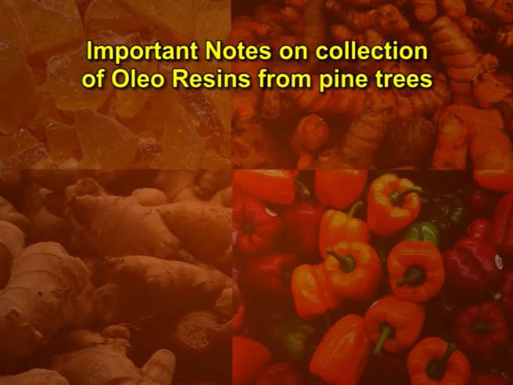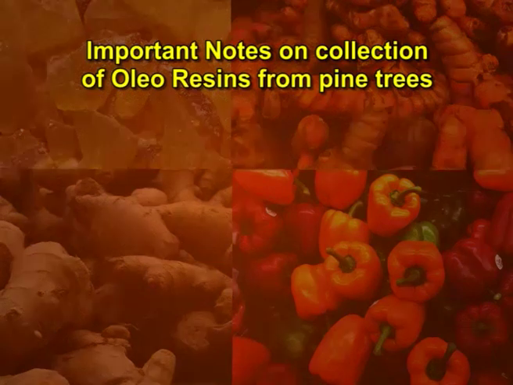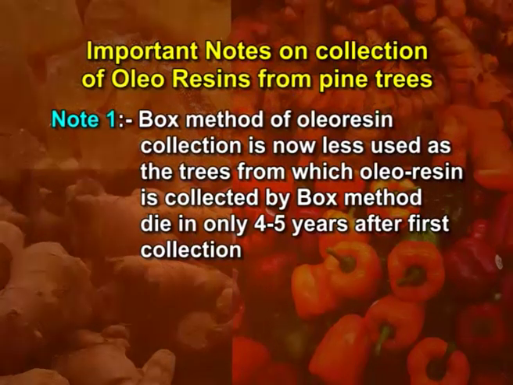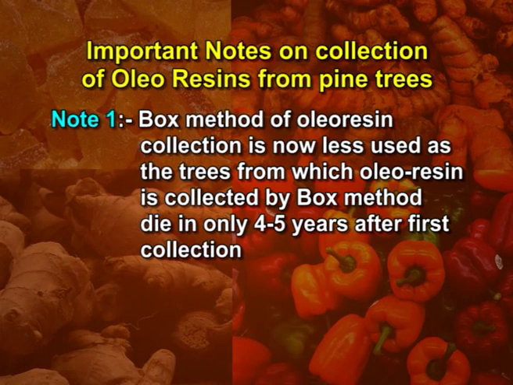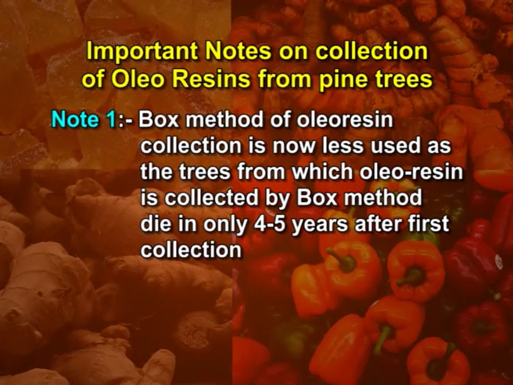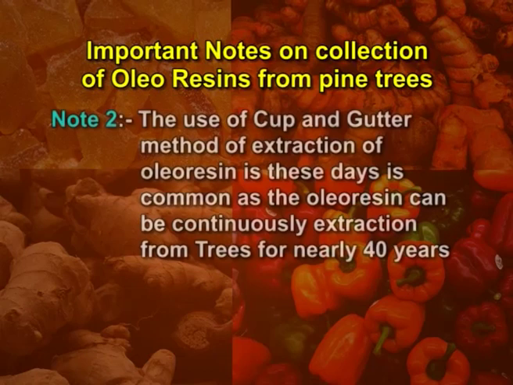Now, there are certain important notes to mention here on the collection procedure of the oleoresin from the pine tree. Note 1. Box method of oleoresin collection is now less used, as the trees from which oleoresin is collected by box method die in only 4 to 5 years after the first collection. Note 2.